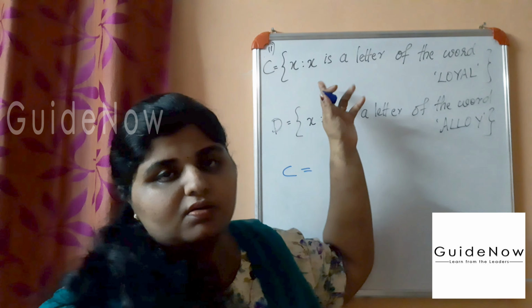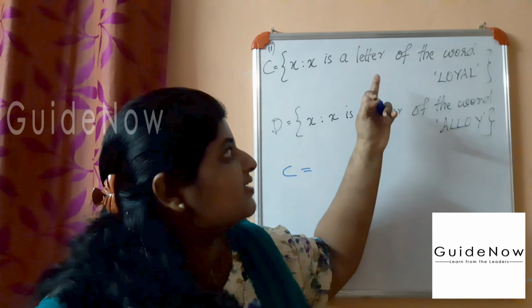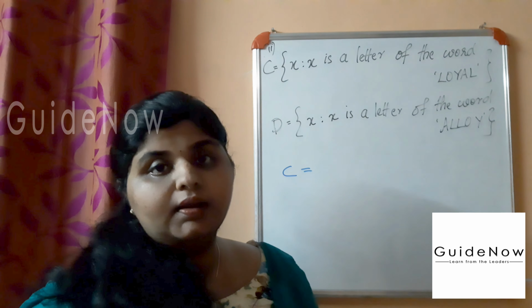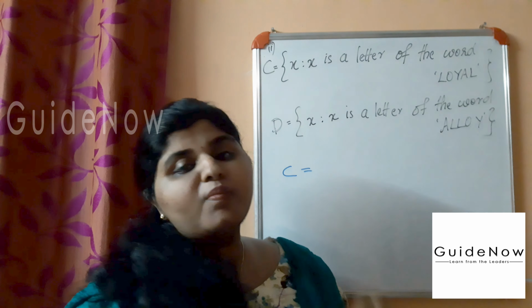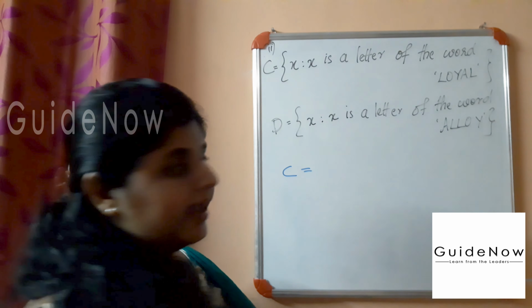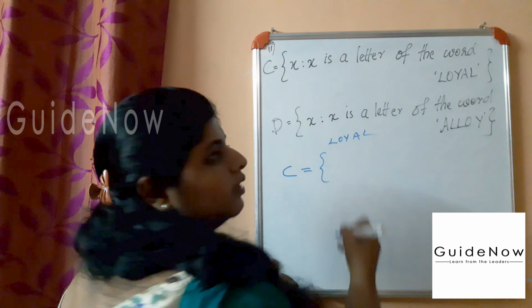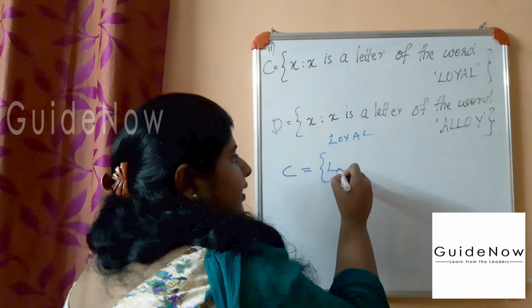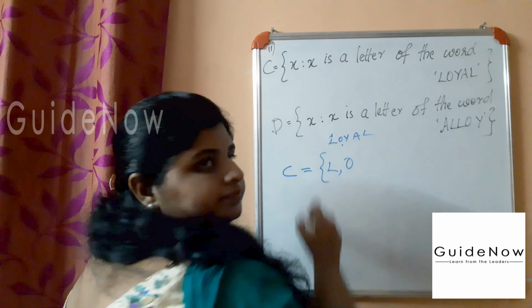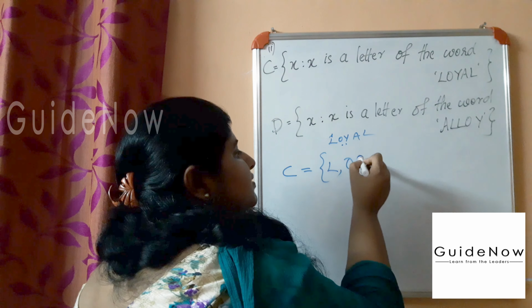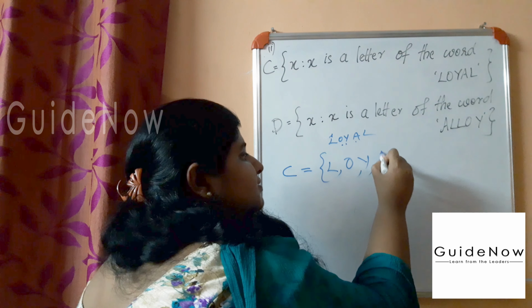Set C: x is a letter of the word loyal. In loyal, L is there, then O is there, then Y is there, then A is there.